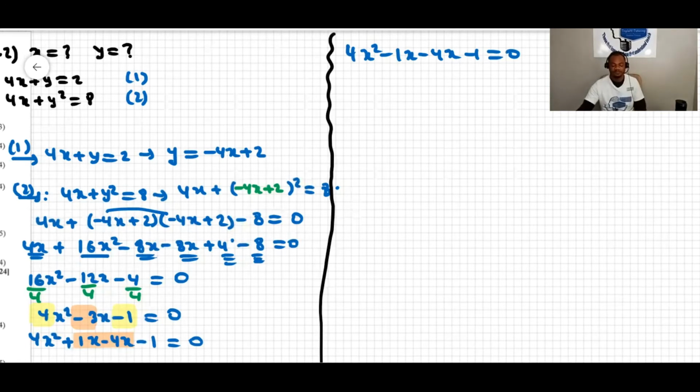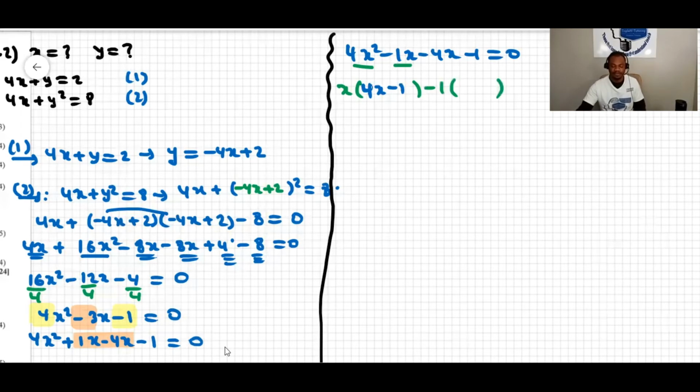I look at the first 2 terms. What's common between them? Just x. Then inside the bracket, I write 4x, because x times 4x makes 4x squared, and then positive 1, because x times 1 makes 1x.